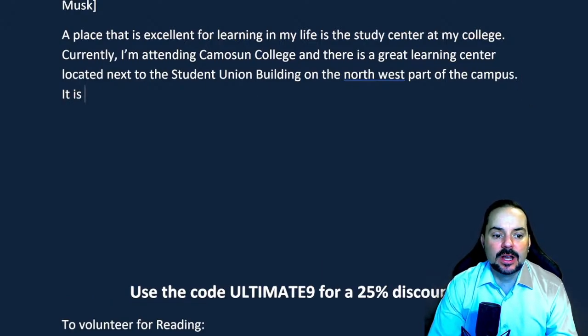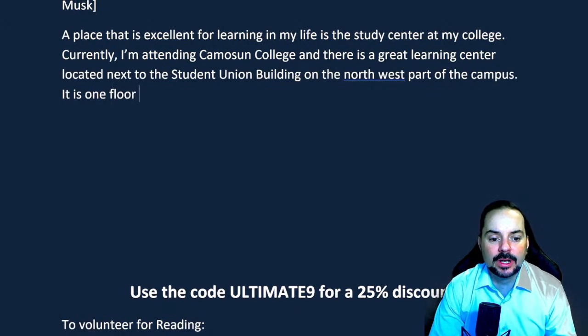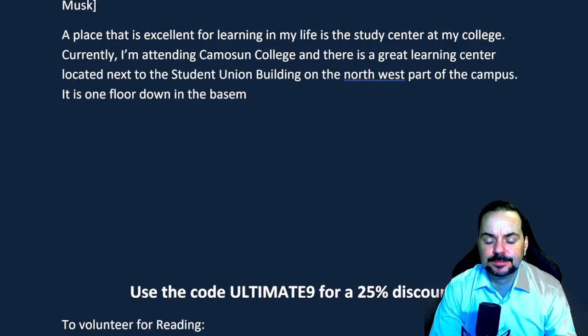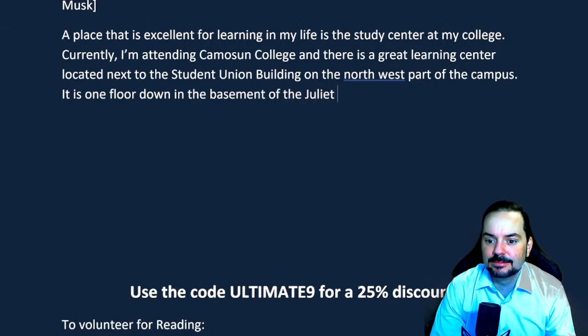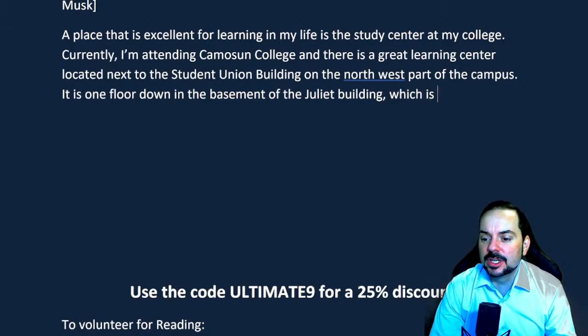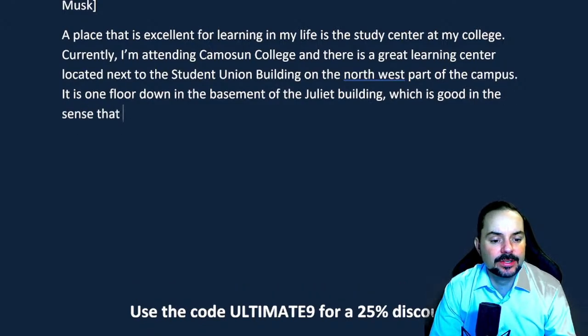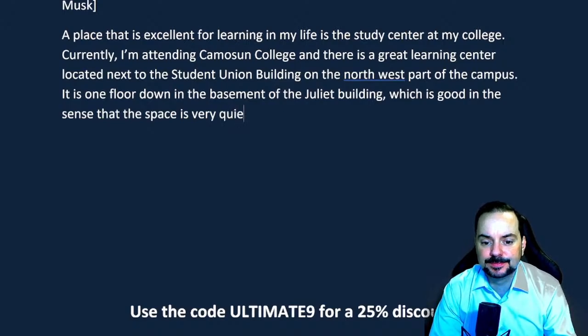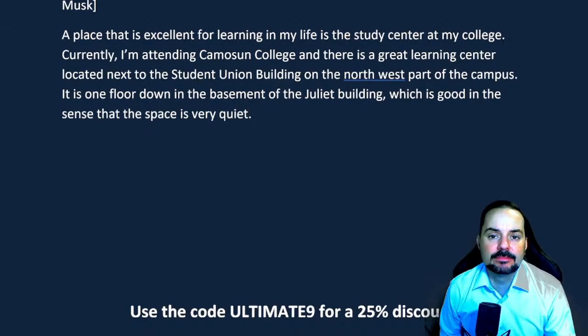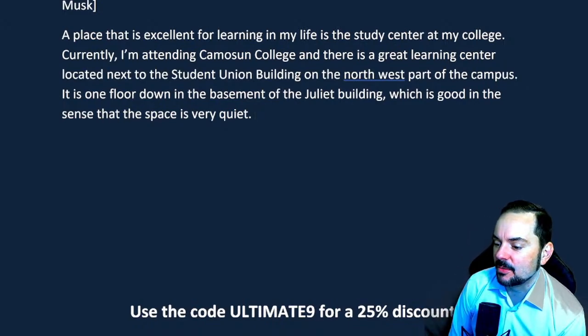It is 1 floor down in the basement of the Juliet building, which is good in the sense that the space is very quiet. Okay, basement level places are very quiet.